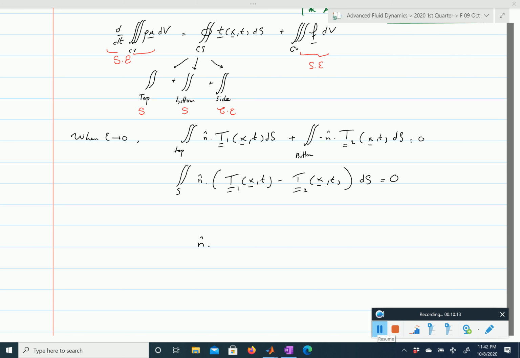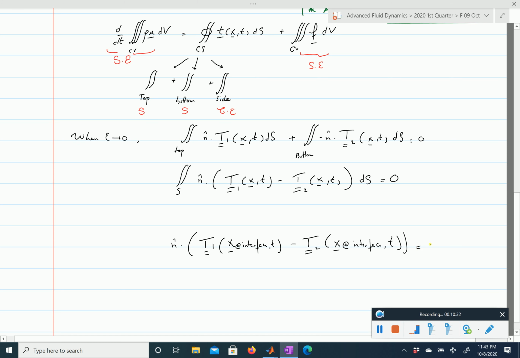We can write this by saying that n times the stress tensor in fluid 1 on top at the interface minus the stress tensor in fluid 2 at the interface is equal to 0. This is our stress boundary condition at an interface where we neglect the effect of interfacial tension.